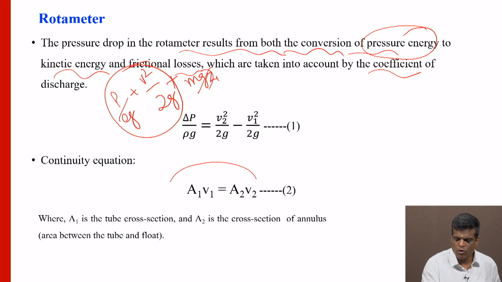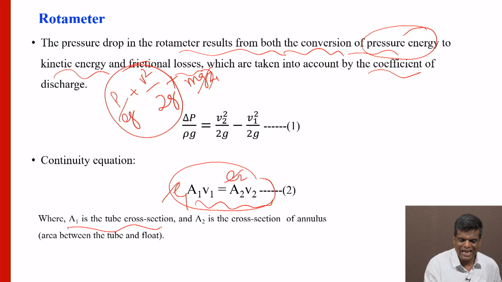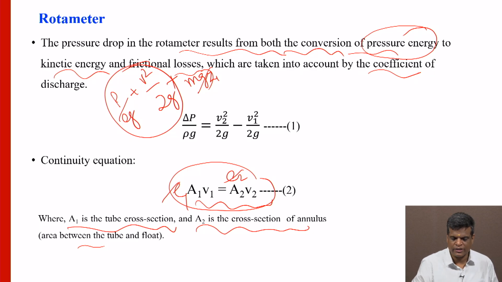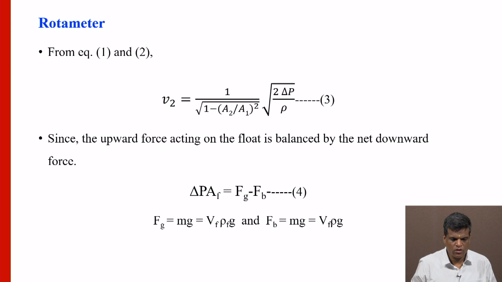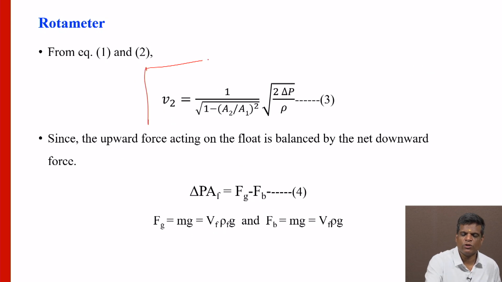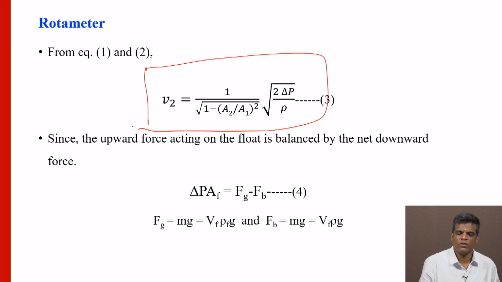So, the continuity equation we know, there is a rho 1 also here, but that will get cancelled, then we get A1 V1 equal to A2 V2. What is A1? A1 is the cross section of the tube, then A2 is the cross-sectional annulus, the area between the tube and the float. That is the difference here. So after modification, we got V2 equal to this expression.